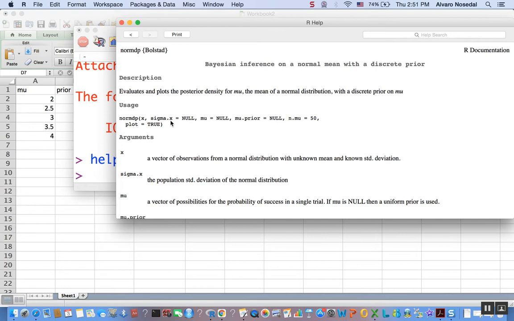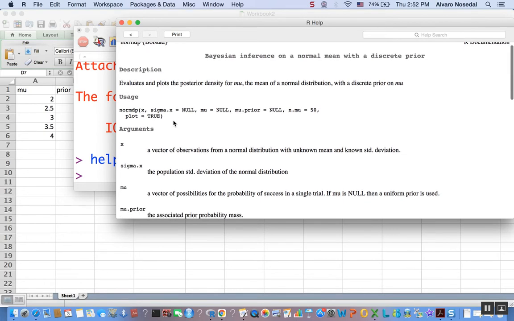Sigma here is giving you the value of the standard deviation that you're assuming. In our case, we have sigma squared equals 1, which means that the standard deviation would be 1 as well, okay? Since we're assuming that sigma squared is known.